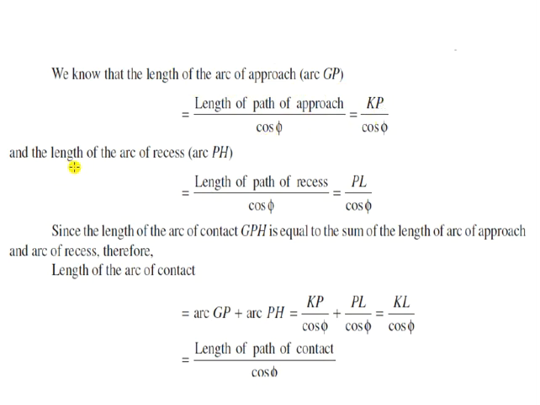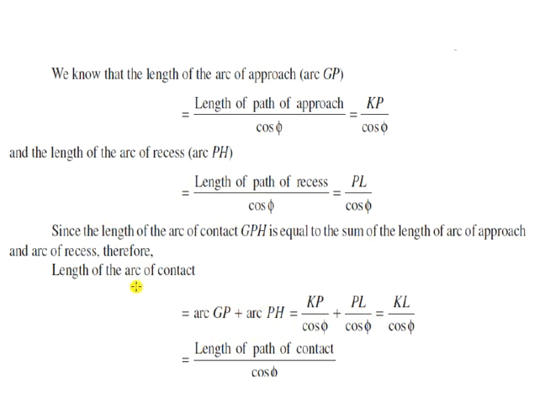In the same way, the length of arc of recess will be the length of path of recess divided by cos phi, so PL by cos phi. KP and PL we already know, as we derived yesterday.